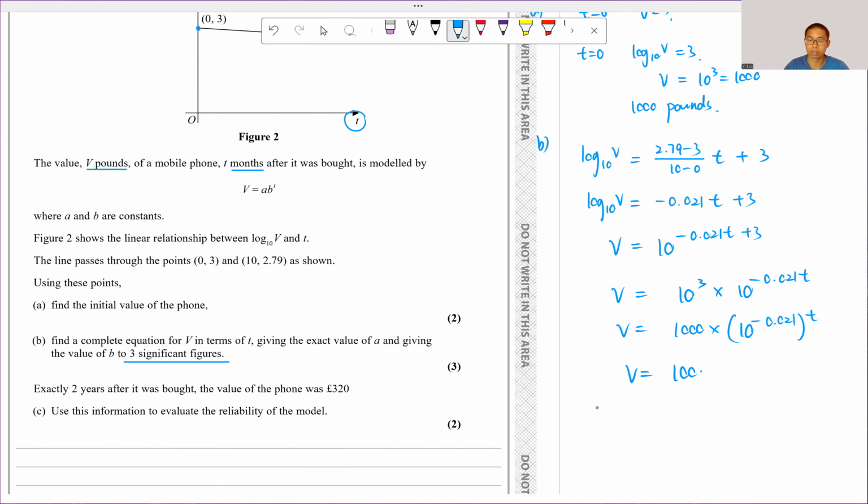So V is 1,000 times 0.953 to the power of T. That would be the answer for part B.